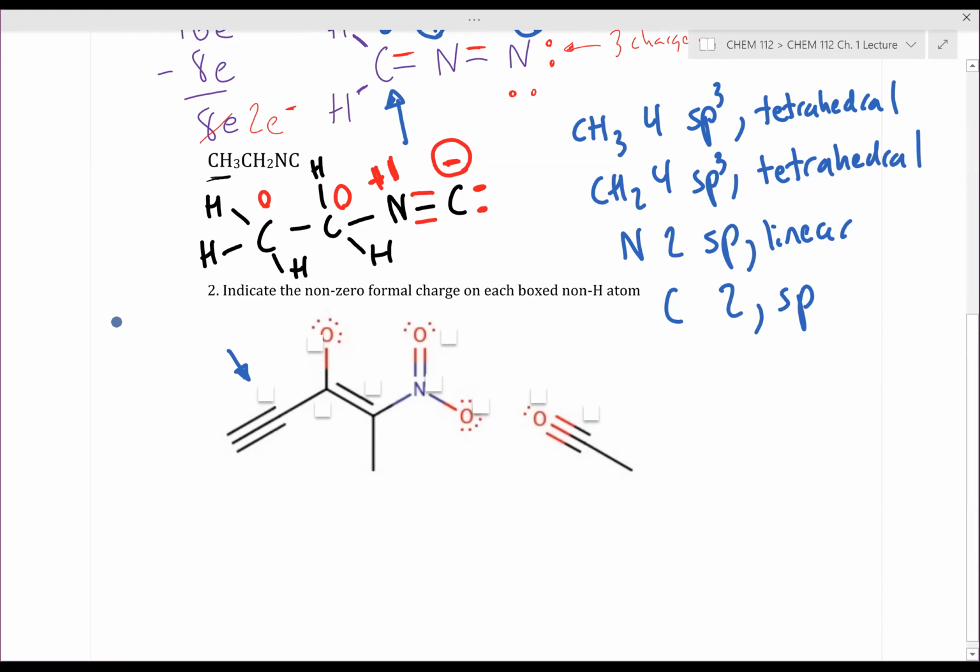So this carbon atom has 4 bonds. Okay, and does it have any lone pairs attached? No. So using our formal charge rules, 4 for our group number minus 4 bonds gives us a formal charge of 0. So any carbon with 4 bonds and 0 lone pairs has a formal charge of 0.